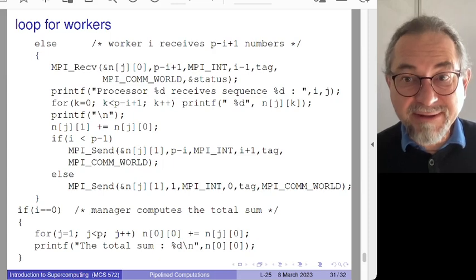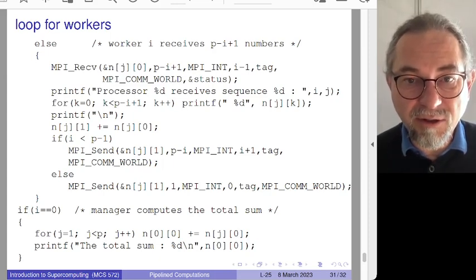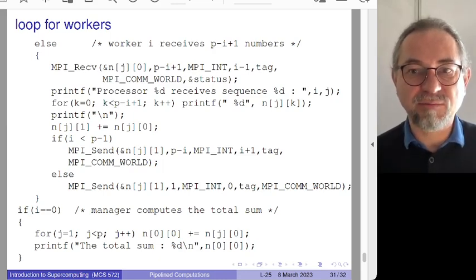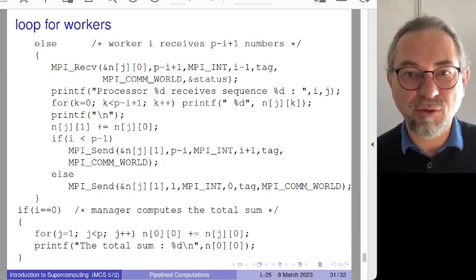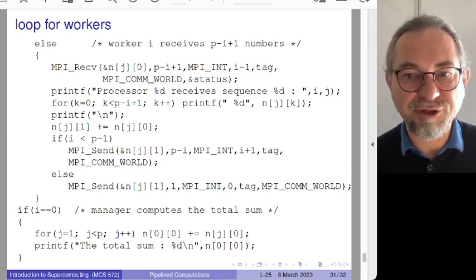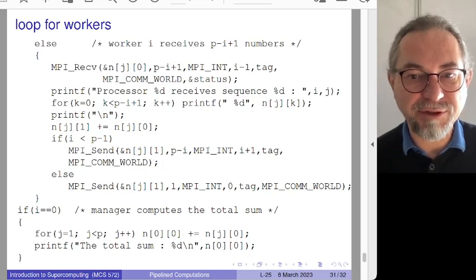Okay, so this is the ring topology performing an addition. This is a flashback on what we have covered earlier in the course with MPI. It's a good exercise to work on MPI for Python implementations or Julia implementations.